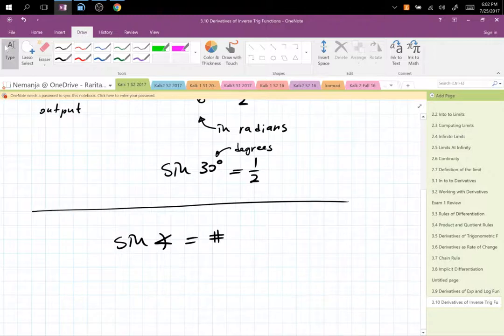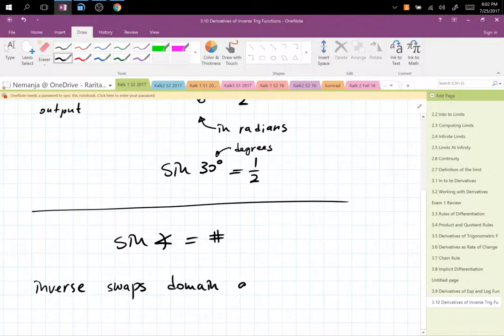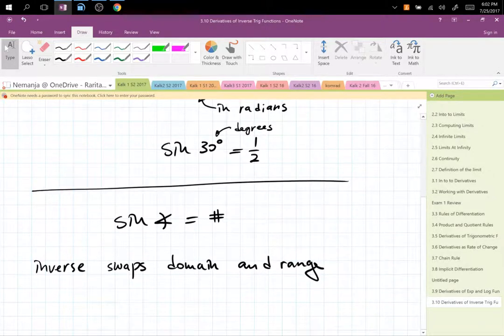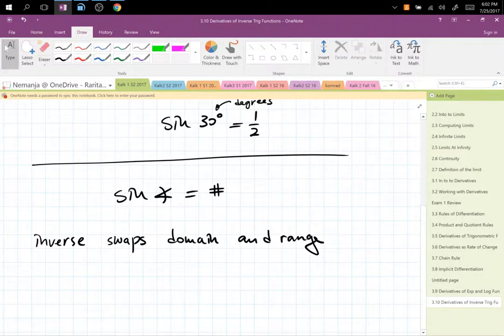Now remember what inverse does. Inverse swaps domain and range, which means that the sine inverse of a number must be the angle.